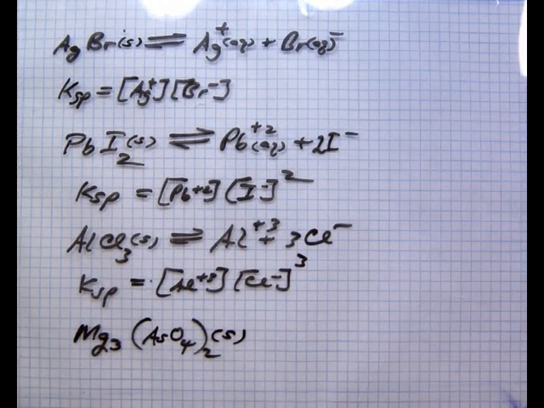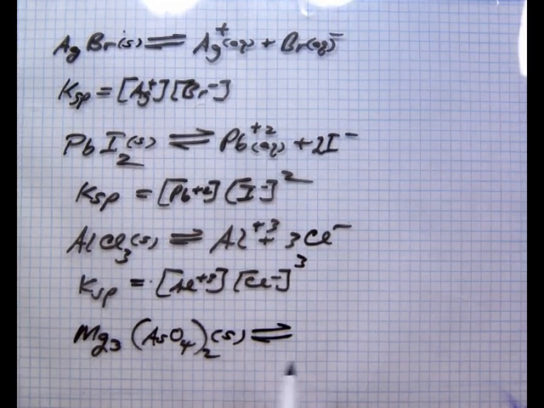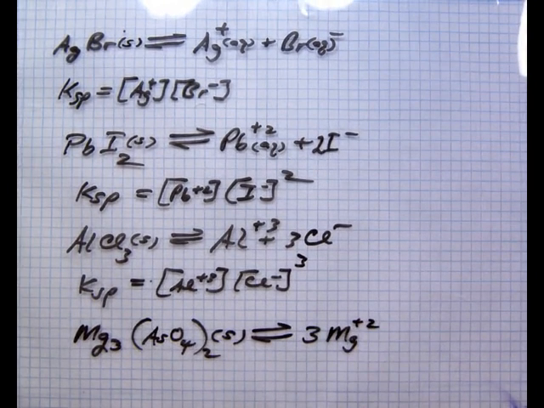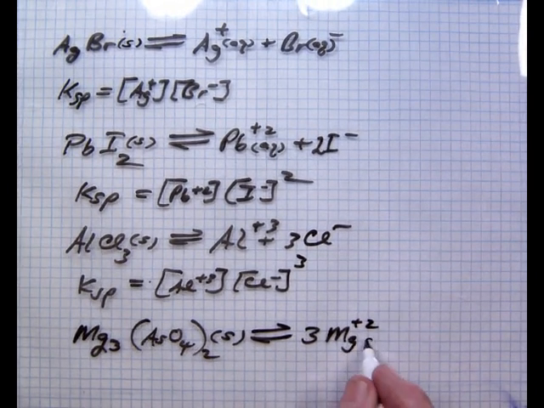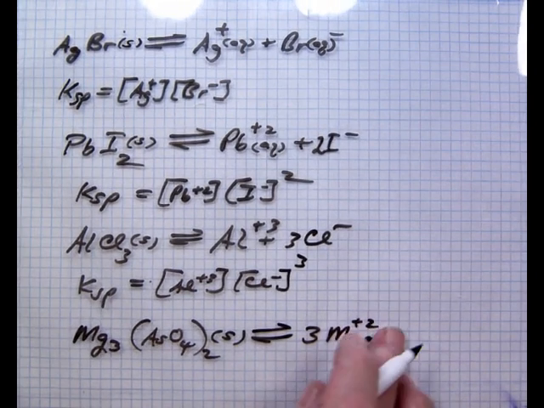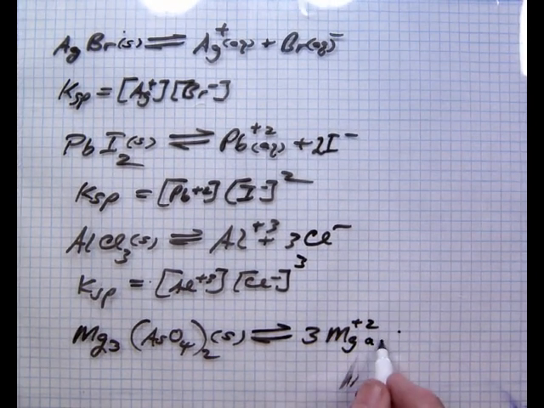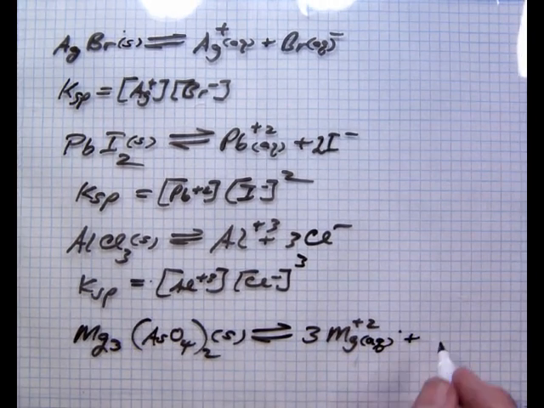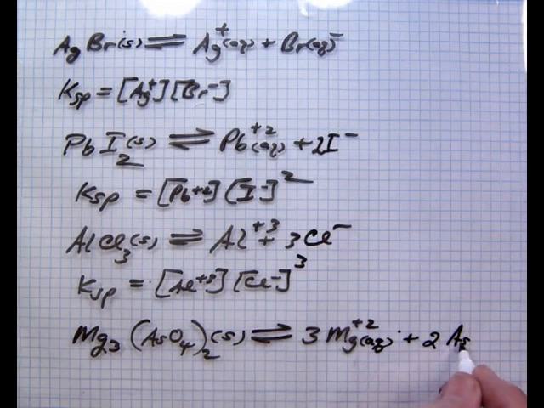This is magnesium arsenate. When it ionizes and goes in solution, it will deliver 3 ions of magnesium into solution and 2 ions of arsenate.